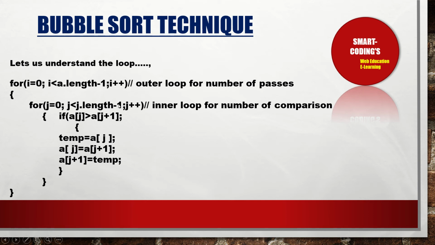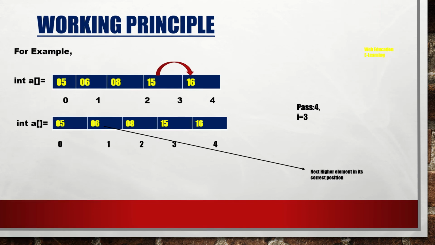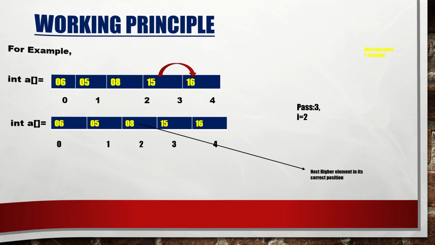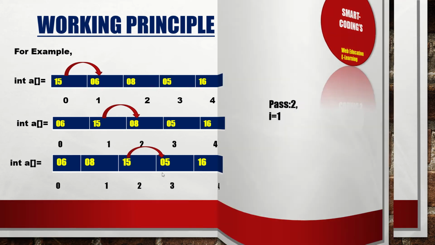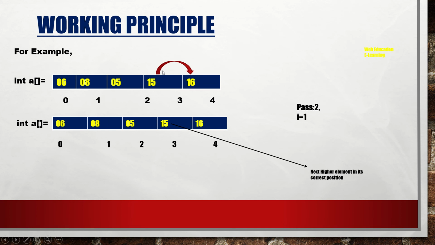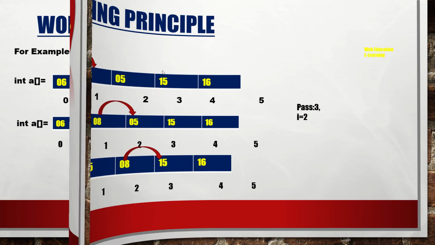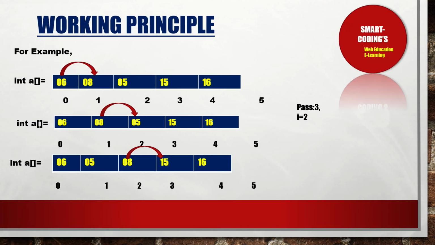a.length minus 1 means that in each pass, as you can see in the previous one, if I go to the beginning here, in pass 2 there are 4 comparisons: 3 comparisons over here, these red arrows are comparisons, and here, a total of 4 comparisons. Similarly in pass 3 there are 3 comparisons and one more, a total of 4 comparisons.